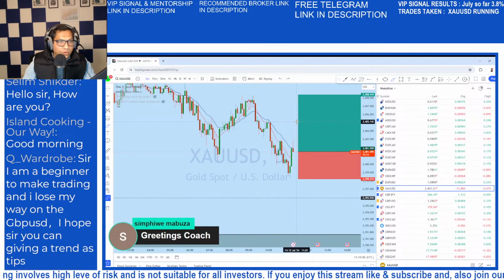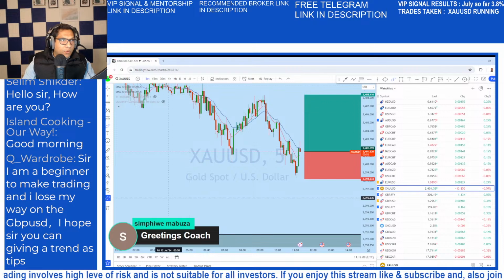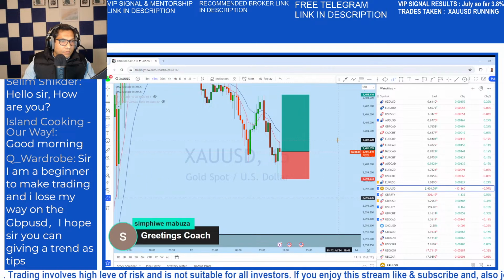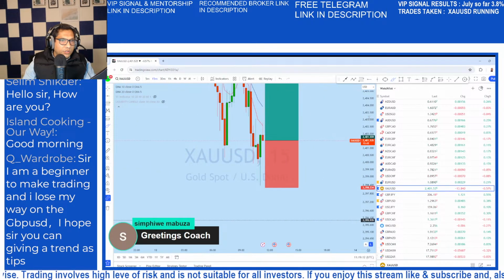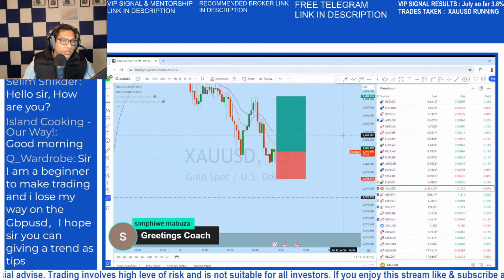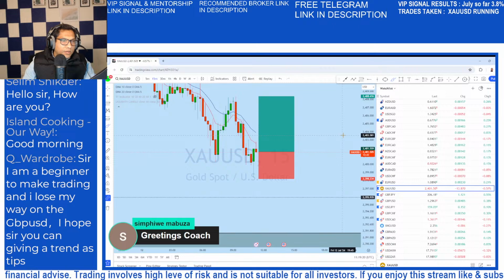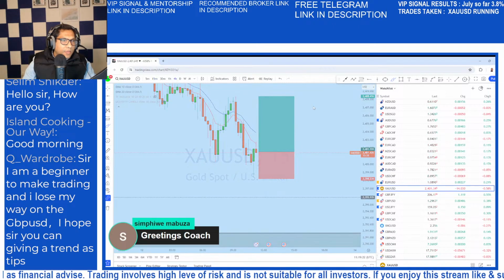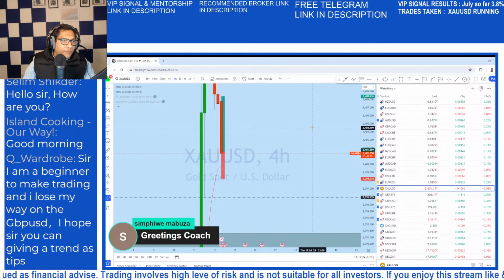It could be, could not be, but at the moment with the PPI we see that the market managed to bounce back up. We could potentially see a movement to the upside. See how far it is going.